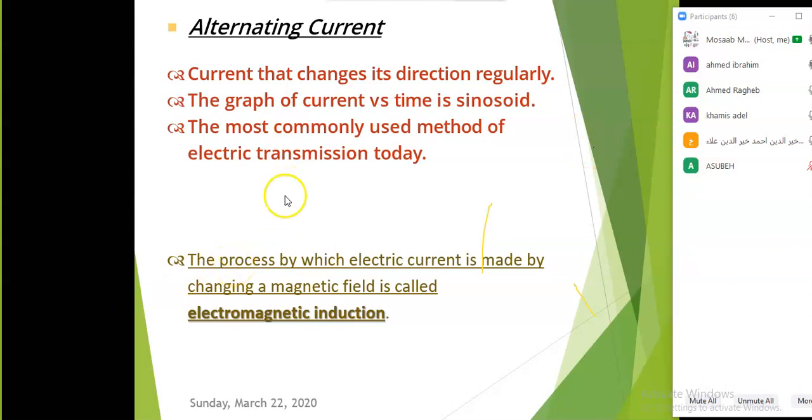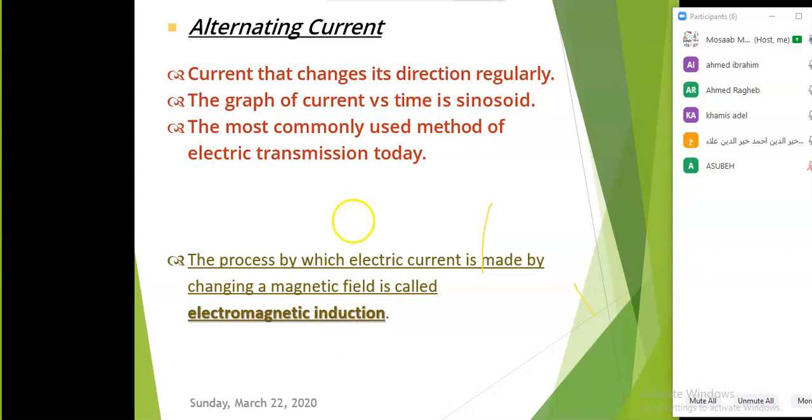From where can we generate an AC current? AC current is generated by a process called electromagnetic induction. What is meant by electromagnetic induction?